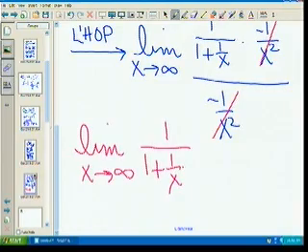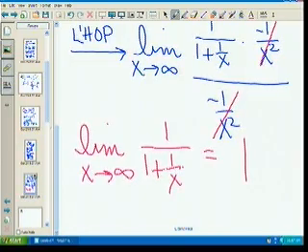Let's go ahead and plug in and see if we are done with the indeterminate forms. I think we are. So the numerator is 1, the denominator is 1, so 1 over 1, which is 1. So the answer to this problem is 1.